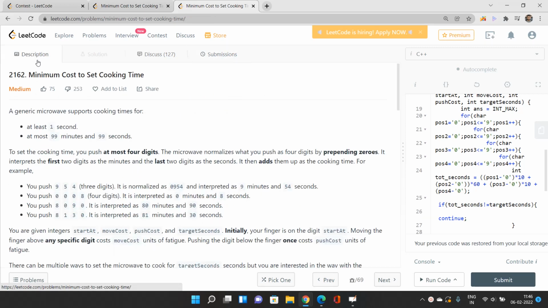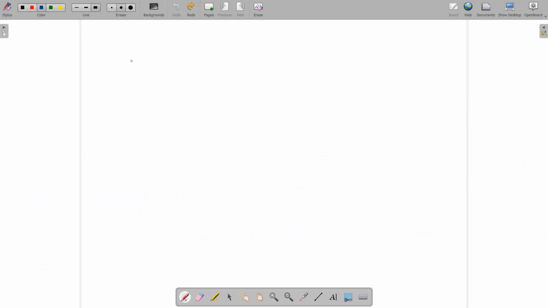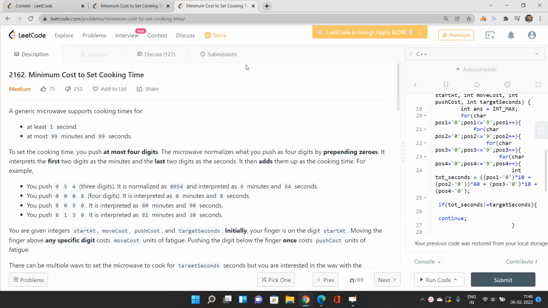What is this problem going to signify? A generic microwave supports cooking times of at least 1 second and at most 99 minutes and 99 seconds. So we'll be doing the calculation along with it. The time should be greater than or equal to 1 and less than or equal to 99 minutes and 99 seconds.